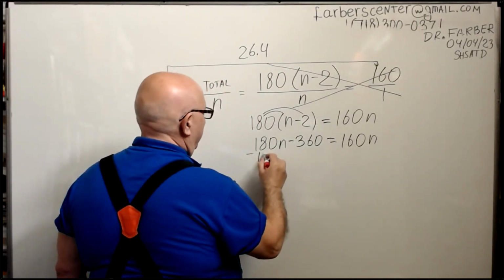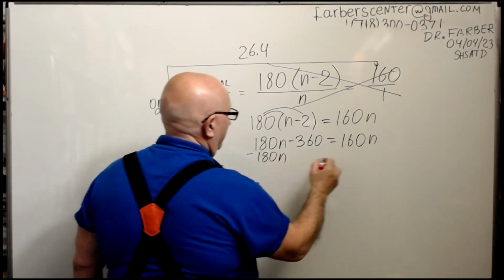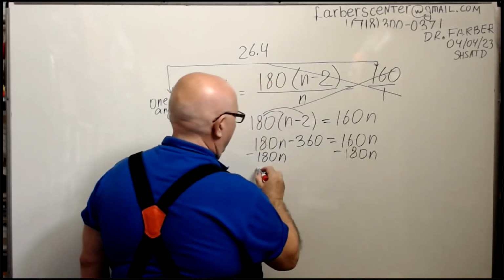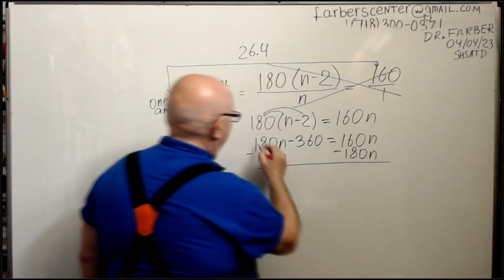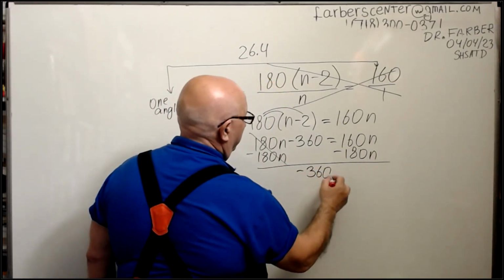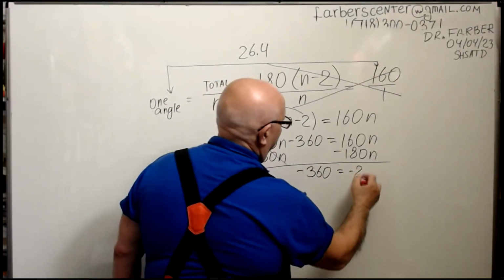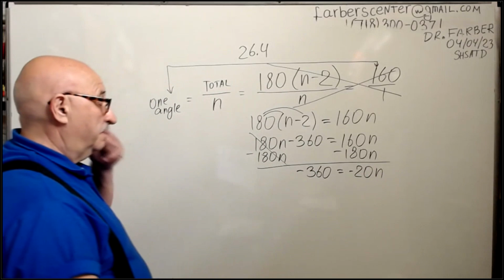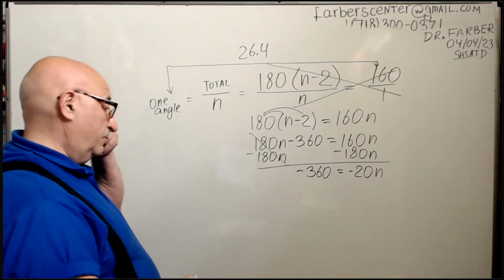So minus 180n and minus 180n cancel out. Negative 360 equals negative 20n. How to find n? Divide both parts by negative 20.